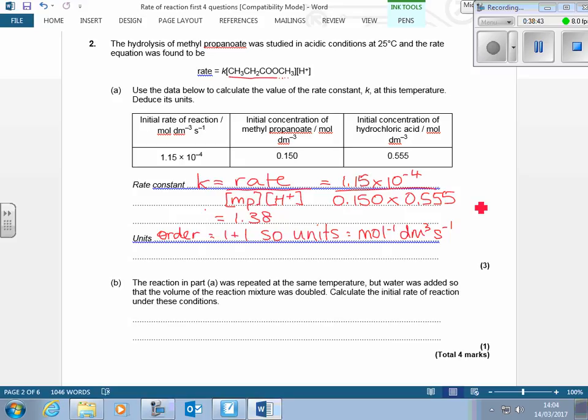To divide the top, if your calculator won't do it like that, the best thing is to put a lot of brackets in. Sometimes you have to force your calculator to do everything properly. You might need to put brackets around that and brackets around that. It's putting that in sometimes is the tricky bit.